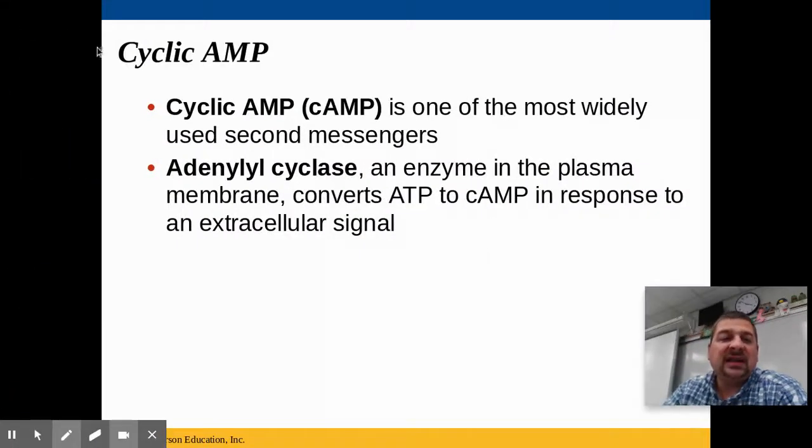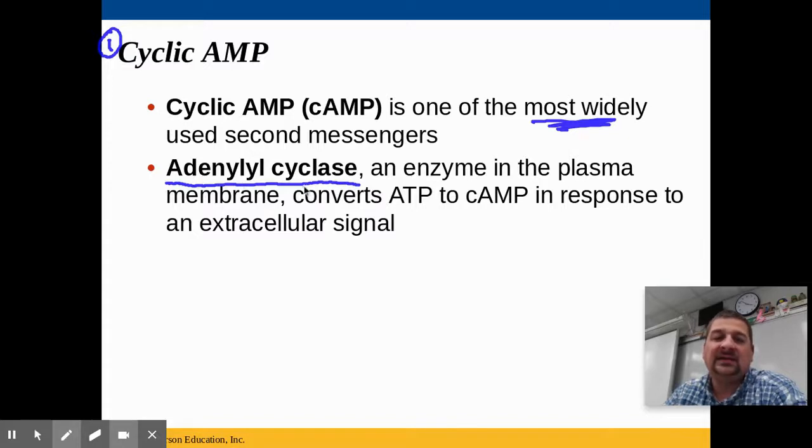The first second messenger we want to look at is cyclic AMP. Cyclic AMP is one of the most widely used second messengers. When an enzyme in the plasma membrane gets triggered by reception of a ligand by an RTK or GPCR, the G protein that shuttles across will then activate the enzyme adenylyl cyclase.